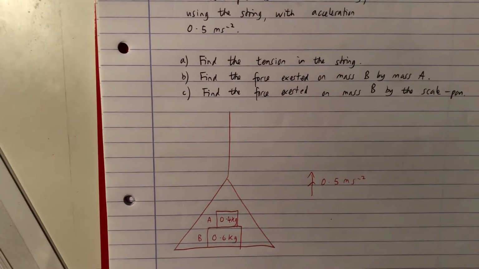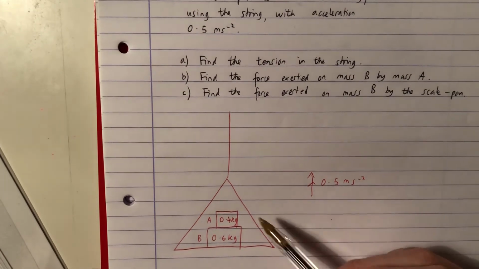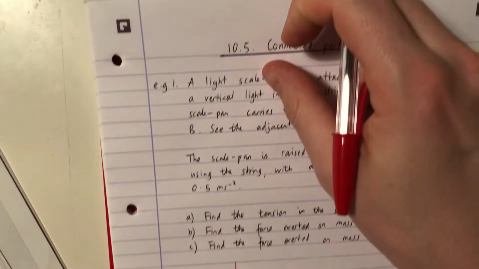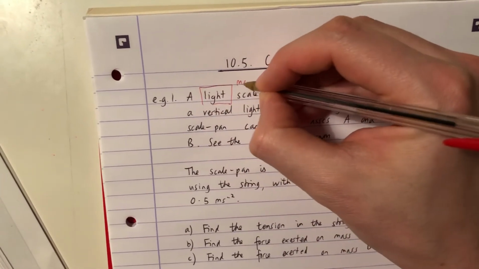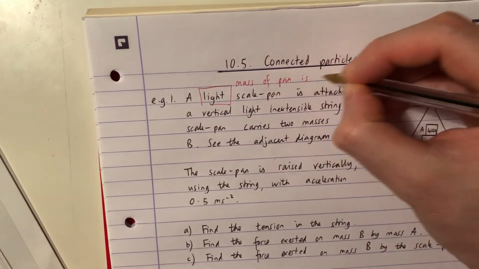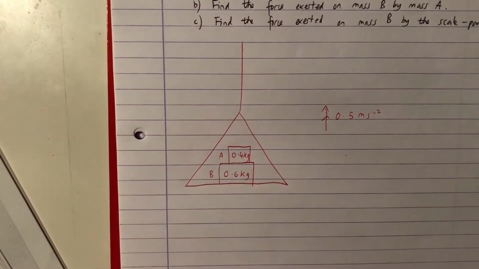Okay, find the tension in the string. So, light scale pan is given in the question, so the mass of the pan itself is negligible, so we ignore it. For everything else we take into account.